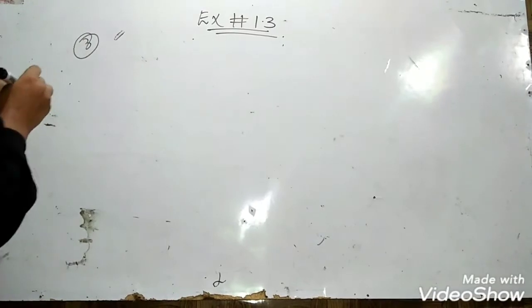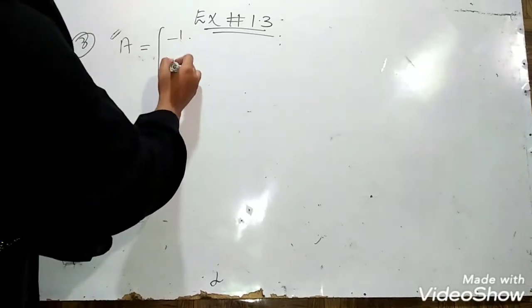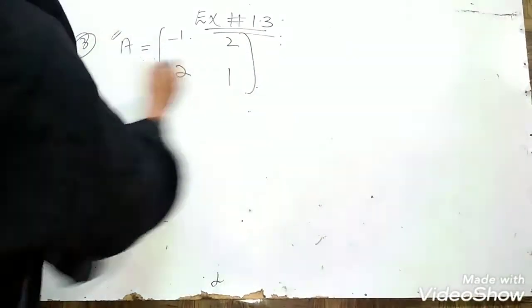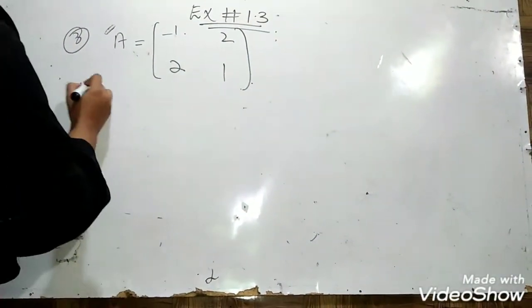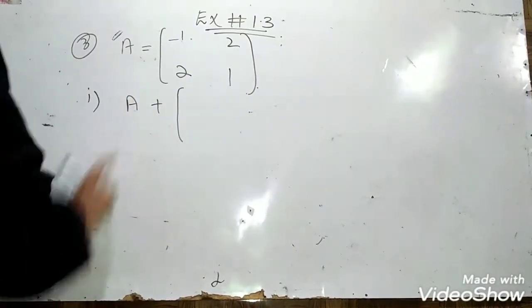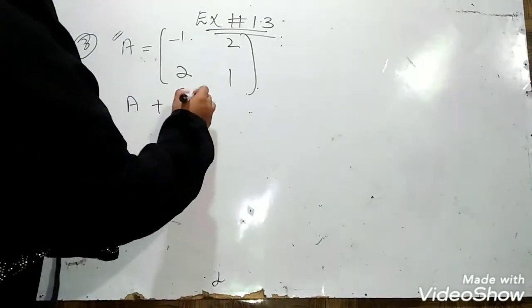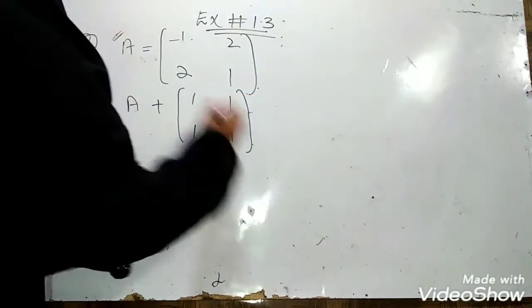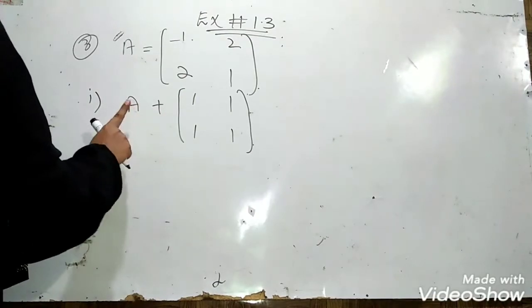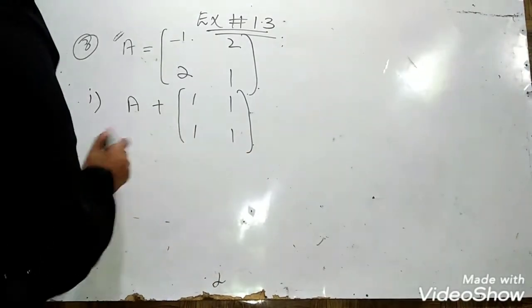Question number 3. We have a matrix A having entries -1, 2, 2 and 1. Our first question is A plus a matrix having entries 1, 1 and 1. Now we have to add matrix A plus this matrix.